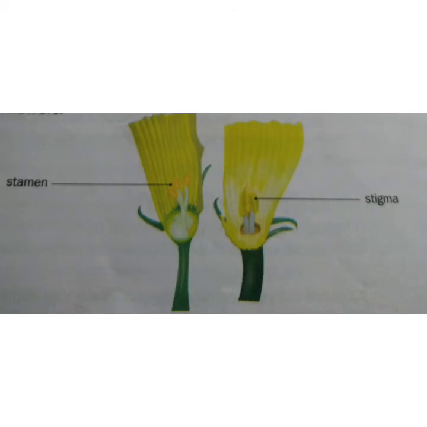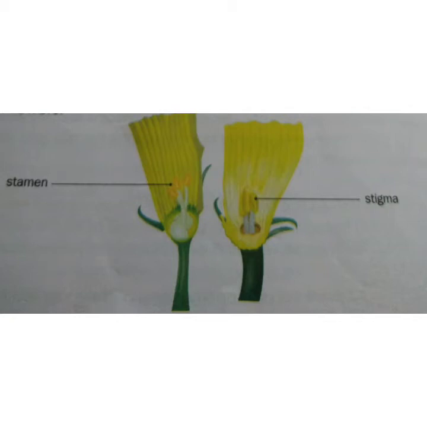This is a photo of monosexual flowers. These flowers contain either the male reproductive part, stamen, or the female reproductive part, pistil, of the plant. They are also called incomplete flowers. Flowers of watermelon, pumpkin, cucumber, and papaya are some examples of monosexual flowers.